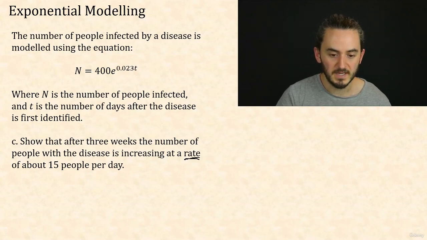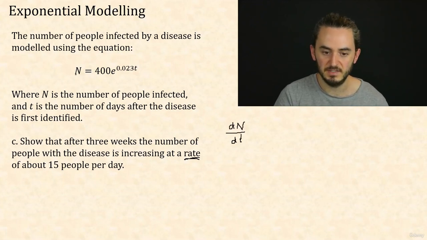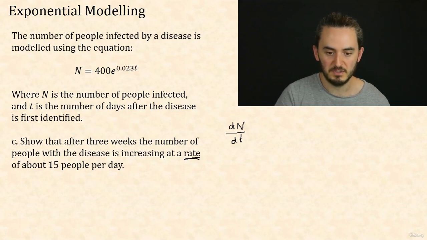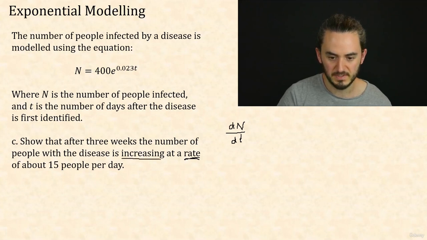So if it's the rate of people with the disease, that is going to be dn by dt. So it's n on this side, so you're differentiating this with respect to that, so dn by dt.